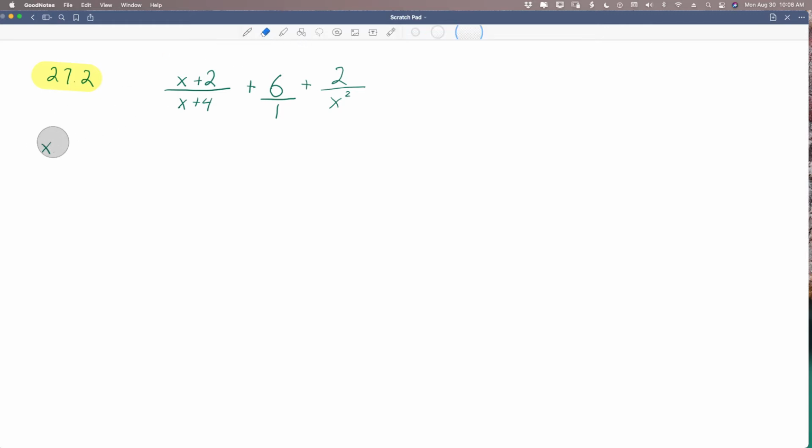Actually, what I'm going to do is I'm going to go ahead and just save a step. And I'm going to make one long line. And I'm going to write our common denominator of x squared times x plus 4. That's our common denominator. And you can save that step too by just writing the line. So the first step is to find the common denominator.